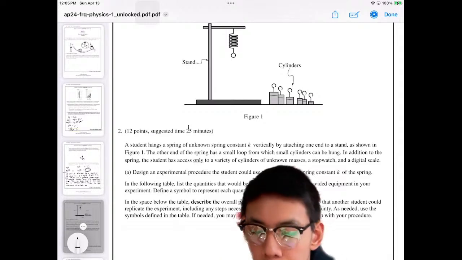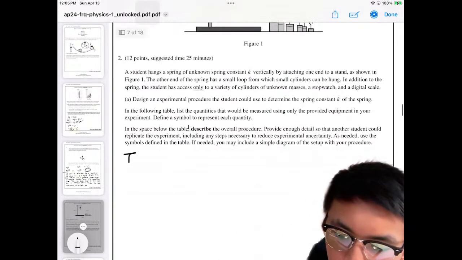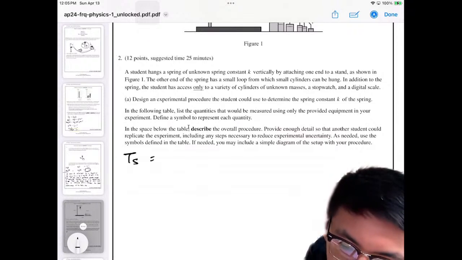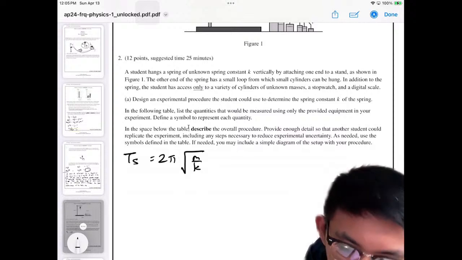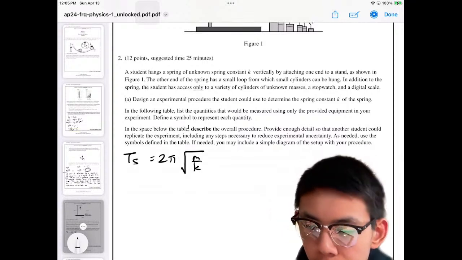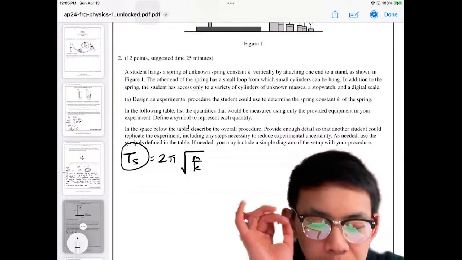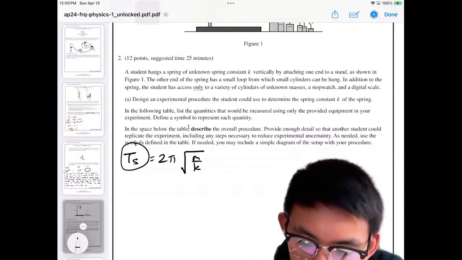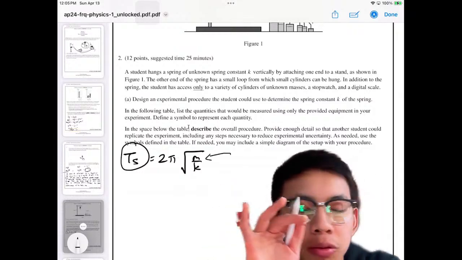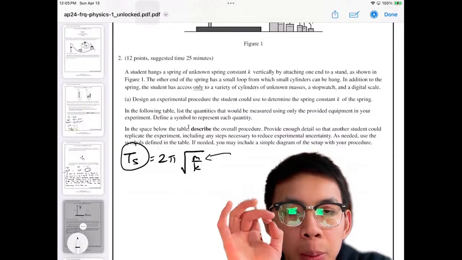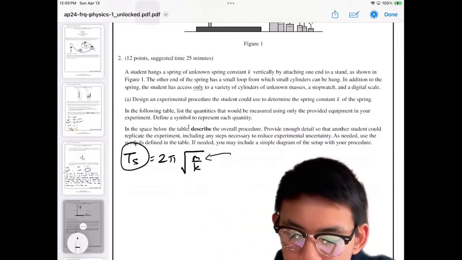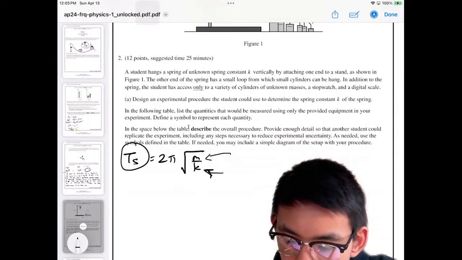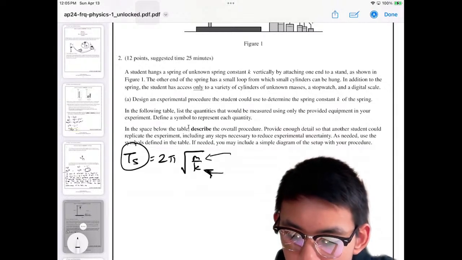Simple harmonic motion is T equals 2 pi root m over k. And I thought, wow, this is actually everything I needed, because I'm given a time, which I can measure from the stopwatch, a mass m that I can measure from the scale, and the thing I need to solve for, which is k, my spring constant. And I was like, bet.